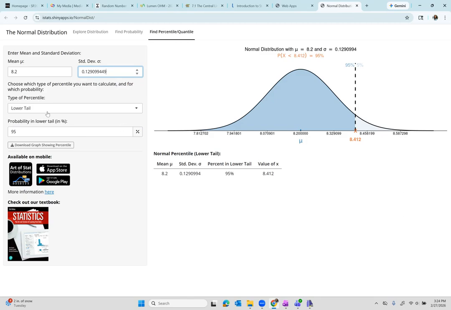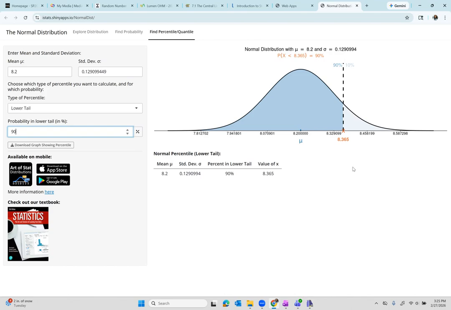And they are asking us to find the percentile quantile of the lower tail, but at 90%. And the expression is up here. It is 8.365, the value of the sample mean that is the 90th percentile.